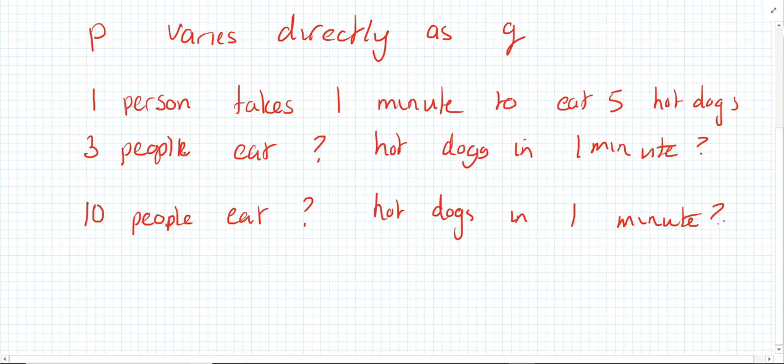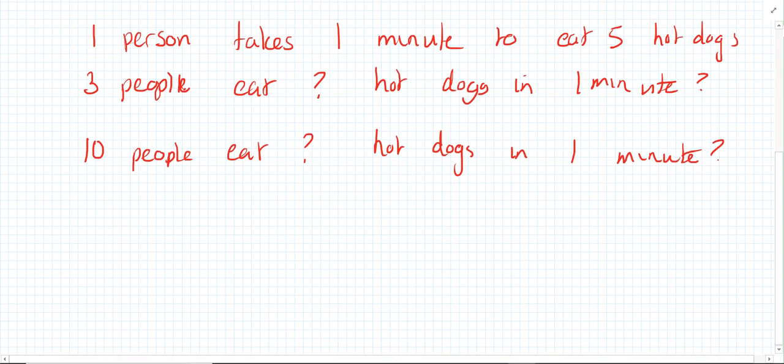So if I asked you to represent this whole situation using a graph, what would you say? Maybe the y-axis can be number of people, and then the x-axis can be the number of hot dogs. Okay. So there is a discussion to be had about which would be where. What did you say again?